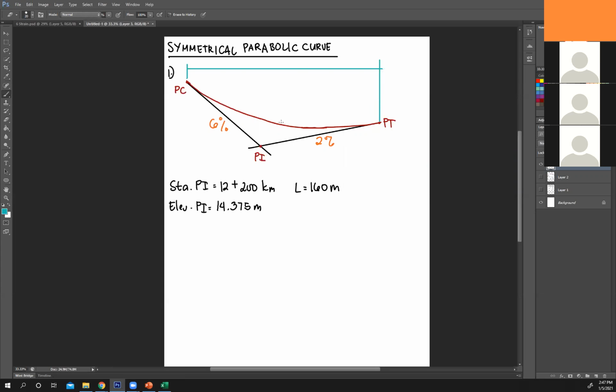So the middle would be, I'll just adjust.